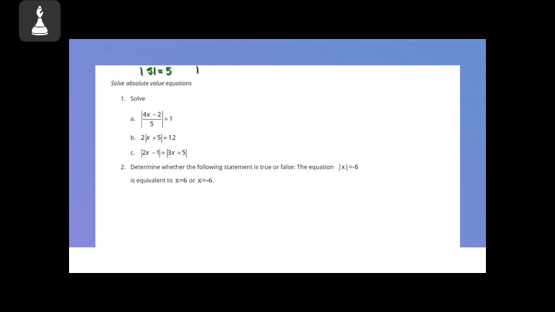If I take the absolute value of -5, I also get 5. What that means is the inside part of the absolute value can be a positive result or it can be a negative result. What's inside of the absolute value? Make that clear. We will have two answers.